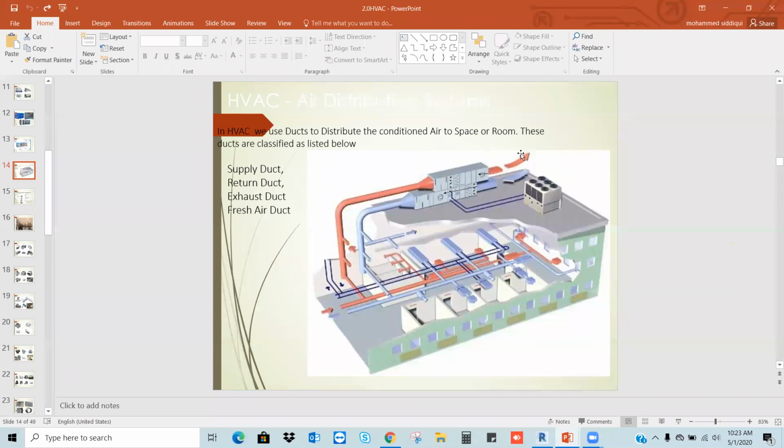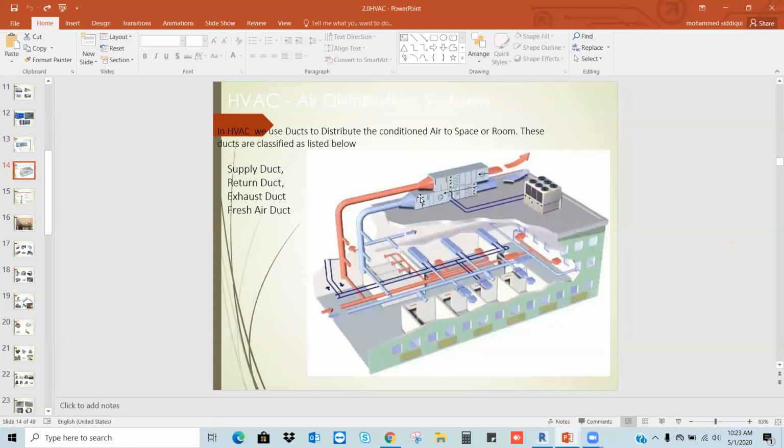According to the systems, we have four kinds of ducts. If you think about the duct, what is the duct? A duct is a medium which we use to supply air. For example, the medium we use to supply water, fluids and gas we call a pipe. The manufacturing method is the same, but the material is different. Here we use sheet metal to supply the air, and this sheet metal work we call a duct.